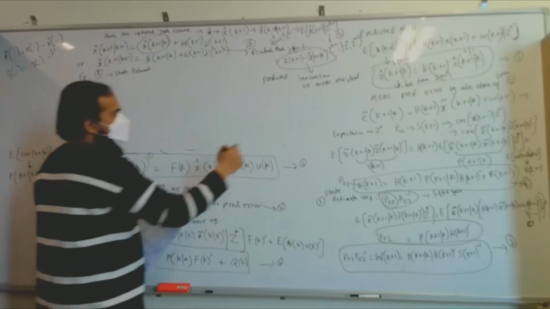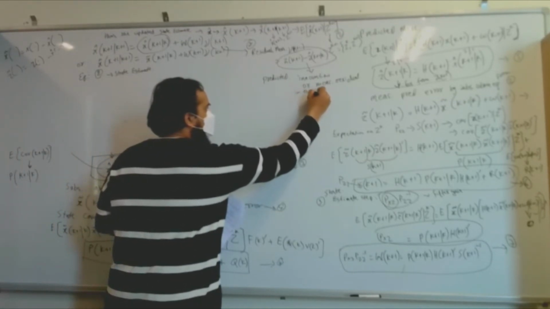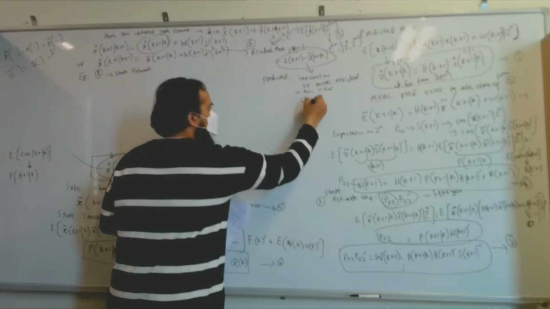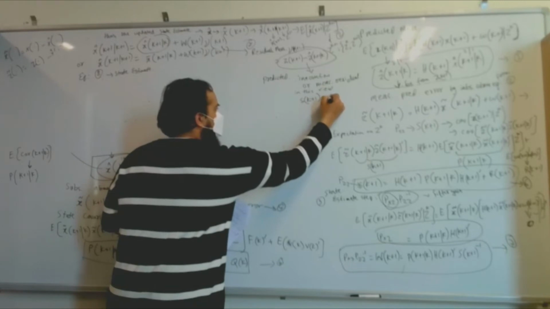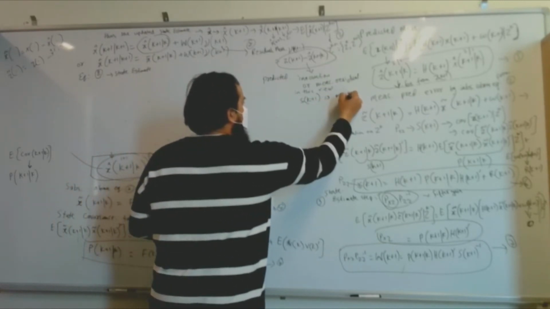And in this view, S(k+1) is the measurement innovation covariance.